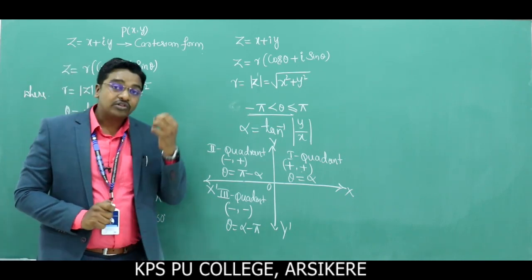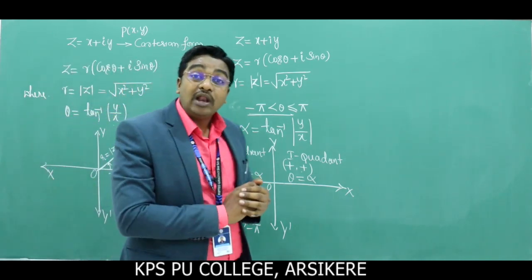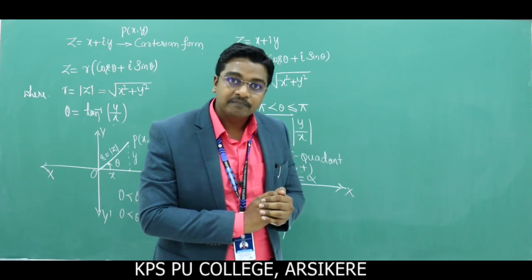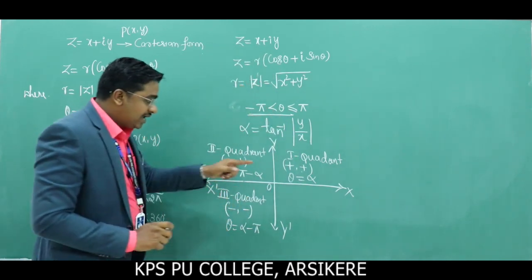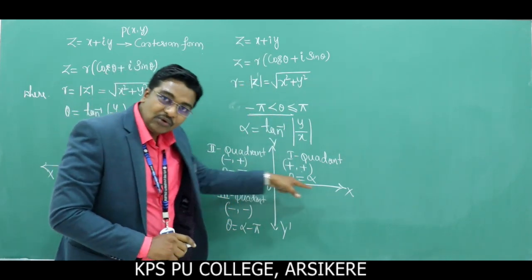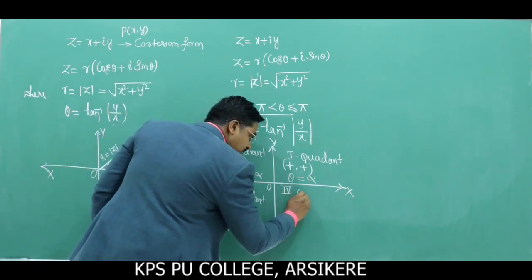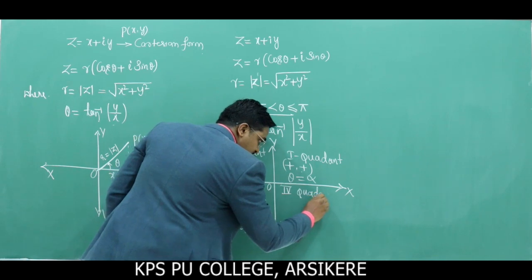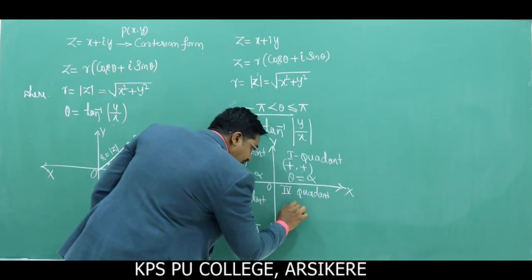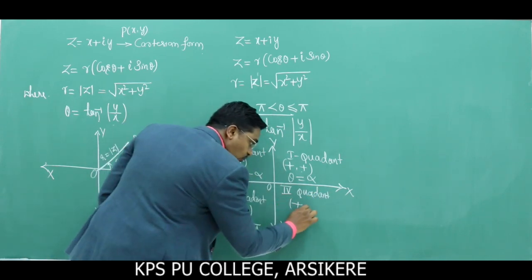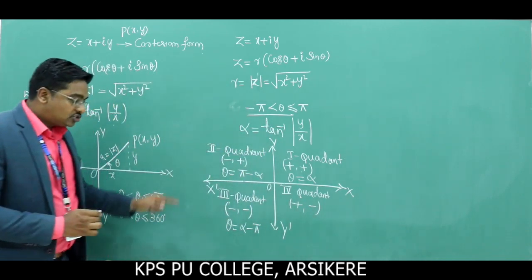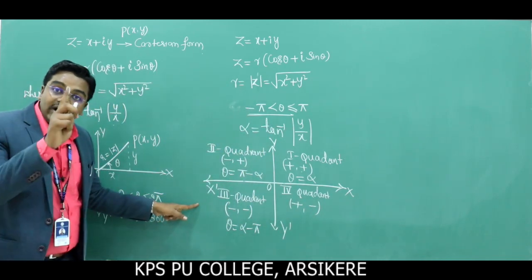Now move to the fourth quadrant. Tell me, what are the values of x and y? In the fourth quadrant, x is positive and y is negative. So what is theta?